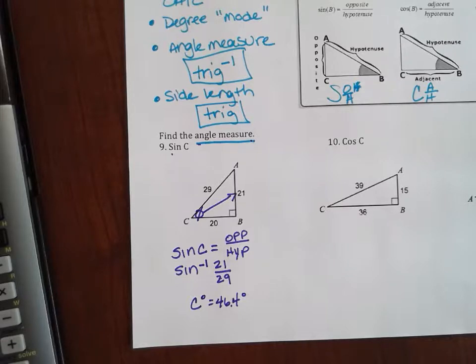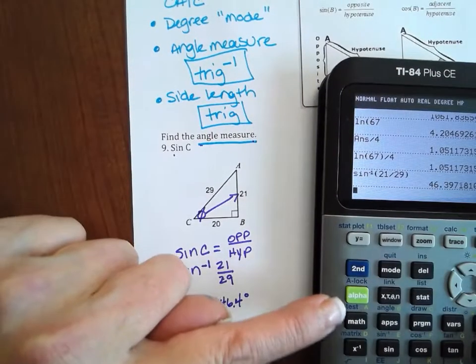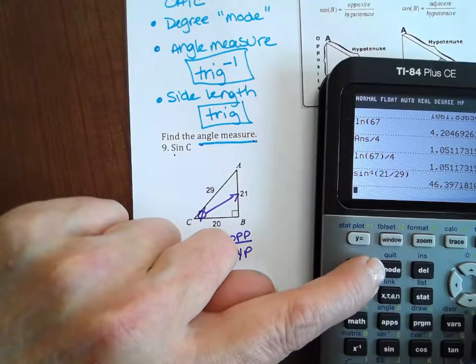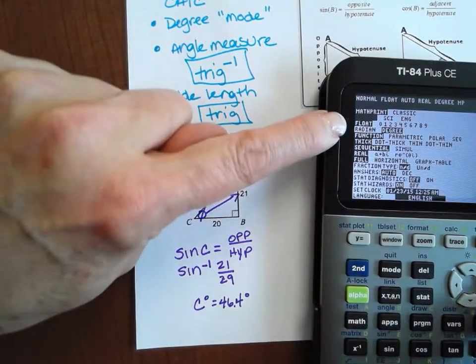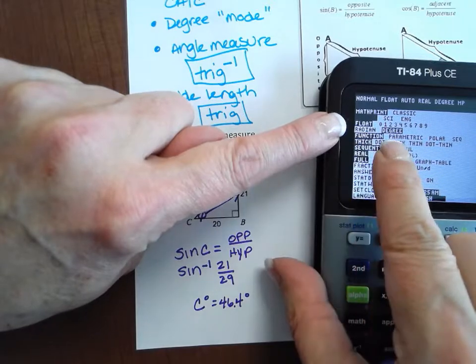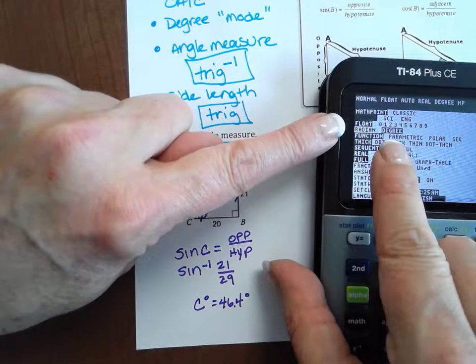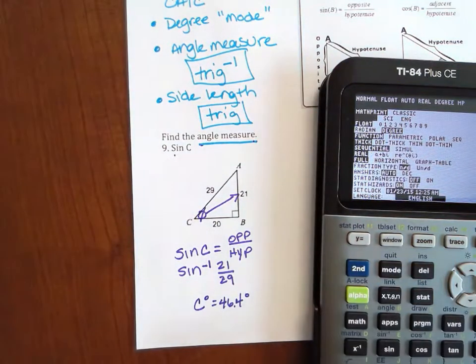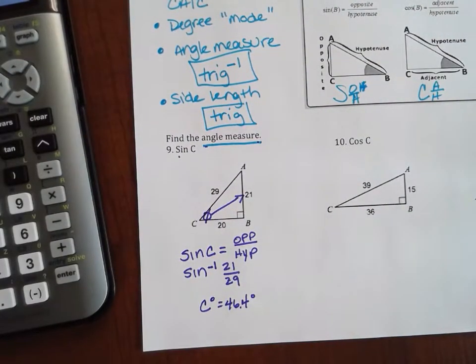Did you say you put it in degrees? Go to mode, and you have a choice between radians and degrees. You want to be in degrees, because radians are when you are using what? The unit circle, another thing I love.